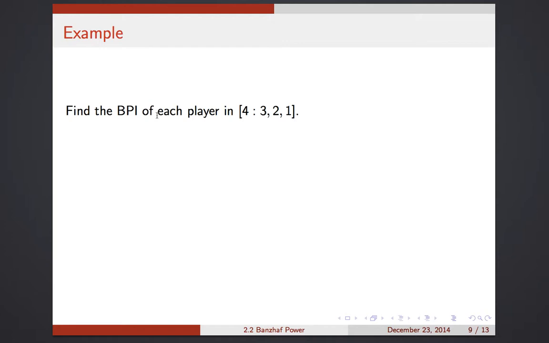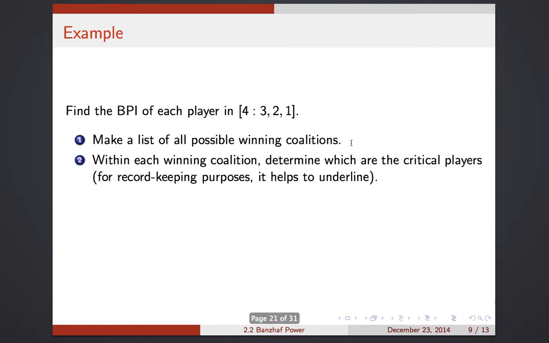Okay, so let's find the Banzhaf power of each player in this weighted voting system. We already got started on this system. Let me lay out the steps of what you need to do to compute the power of each player. The first thing you must do is make a list of all possible winning coalitions. The second is to determine who's critical inside of each coalition, underlining like we've been doing.